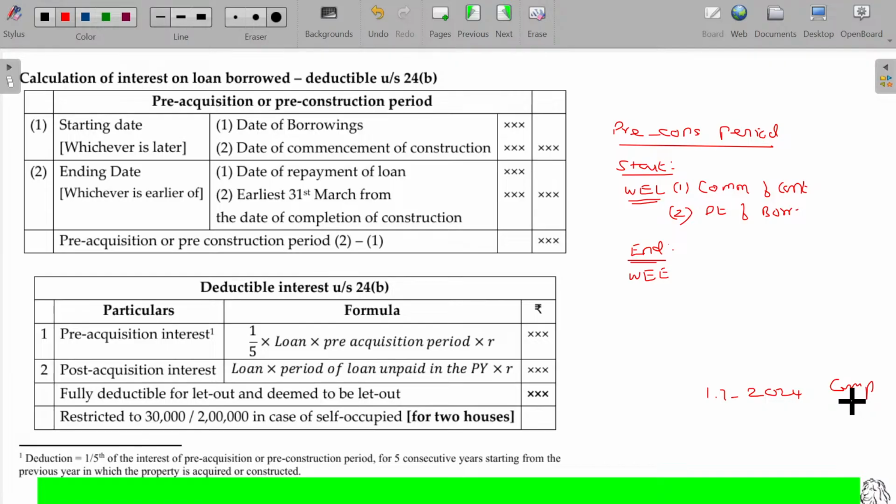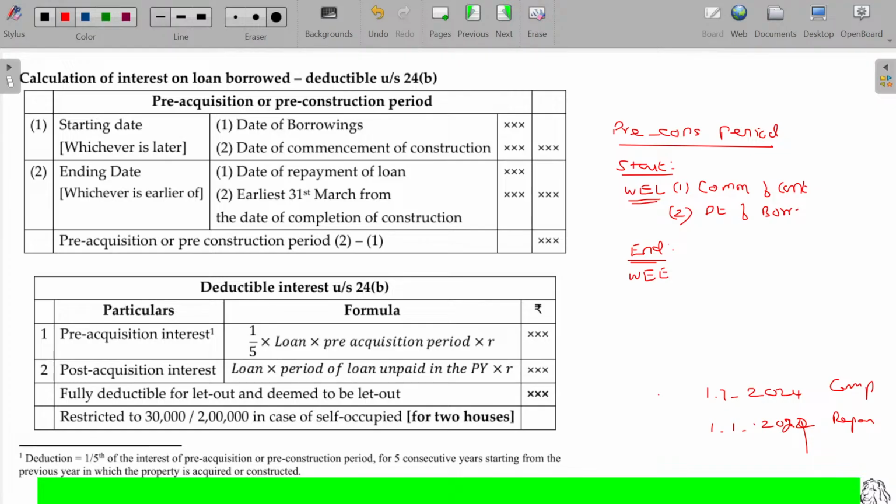But the borrowing remains unsettled even after that date. Probably the borrowing is settled on 1/1/2030. Repayment happened. So if the borrowing remains pending even after the completion of construction, that period is called the post-construction period interest. So with that it gets over. Is that clear? But what happens if the repayment happens on 1/1/24?